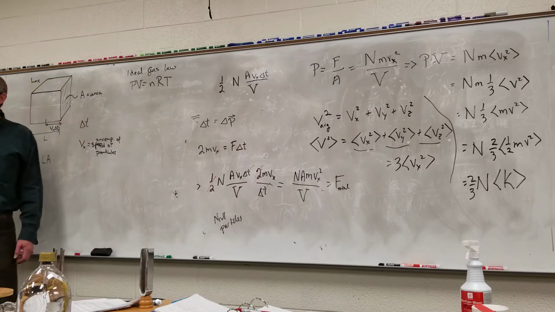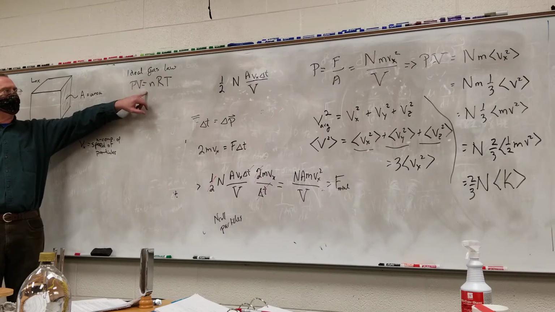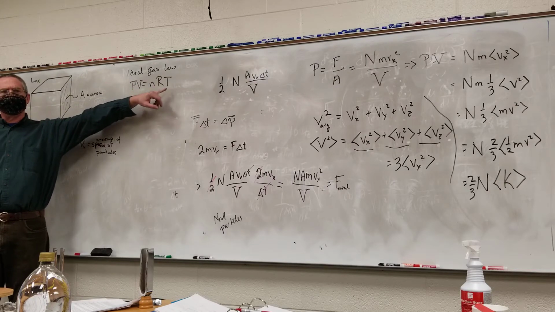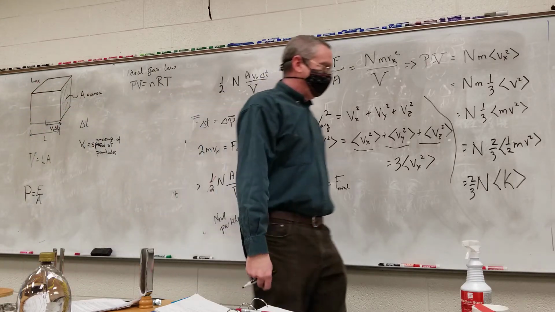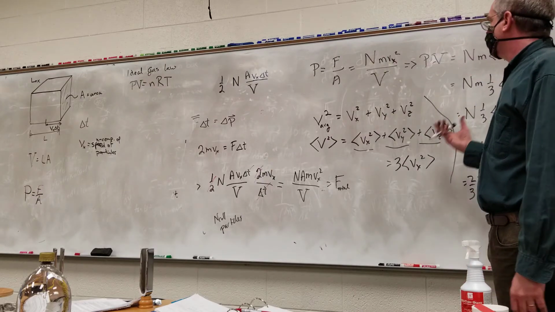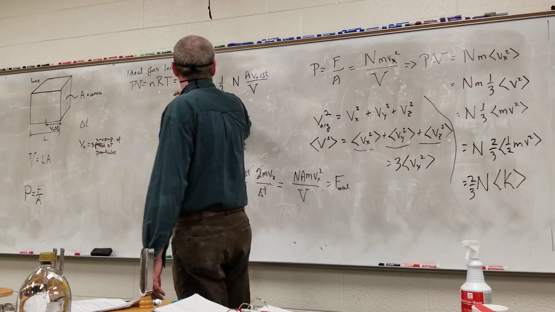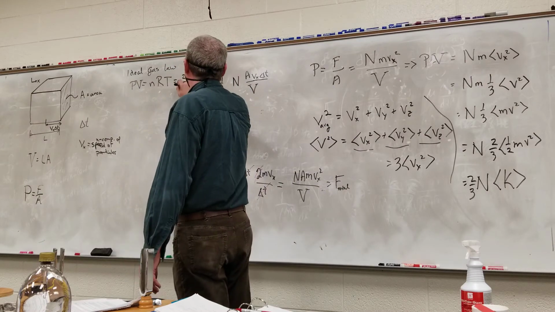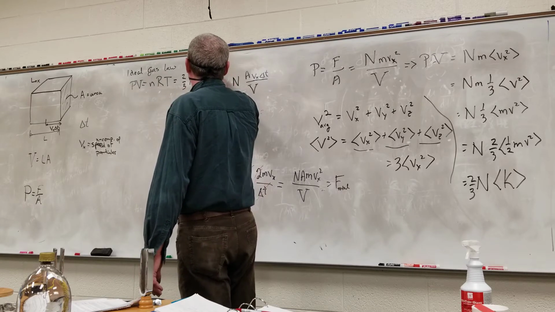So pressure times volume is equal to the number of moles times the gas constant, I believe, times the temperature. If only we had some value for PV. So based upon our model there, this should be equal to 2/3 times the number of particles times the average kinetic energy.